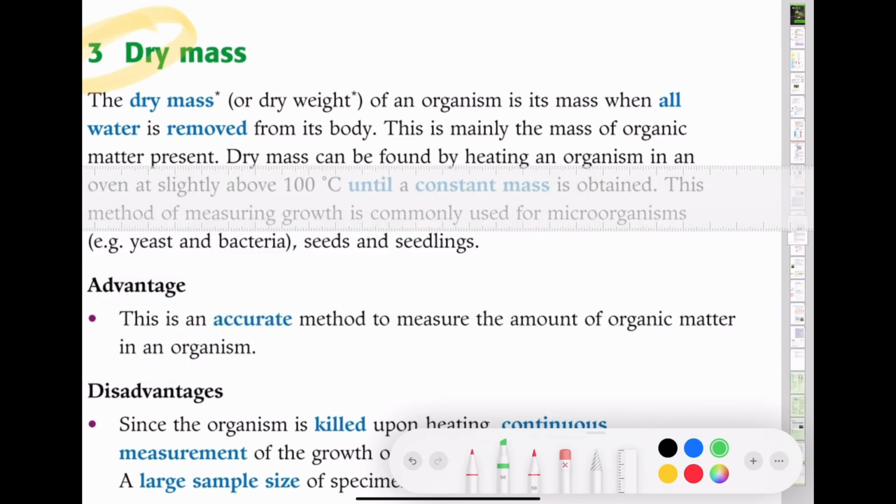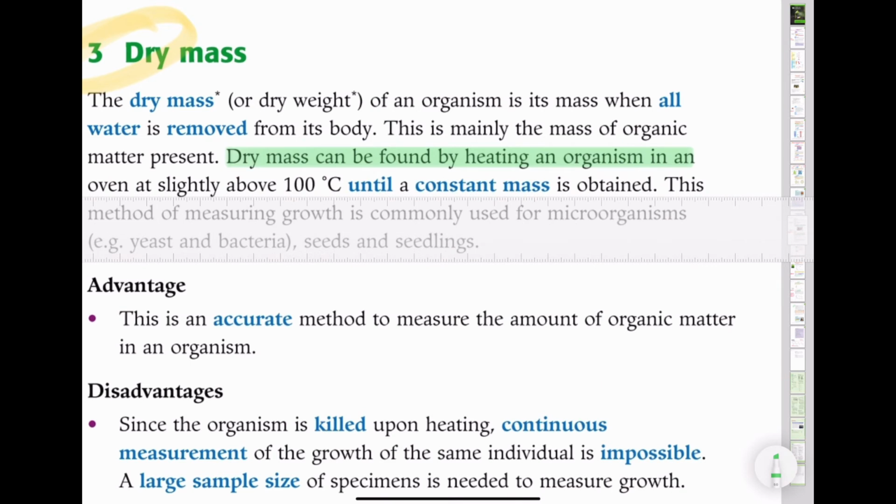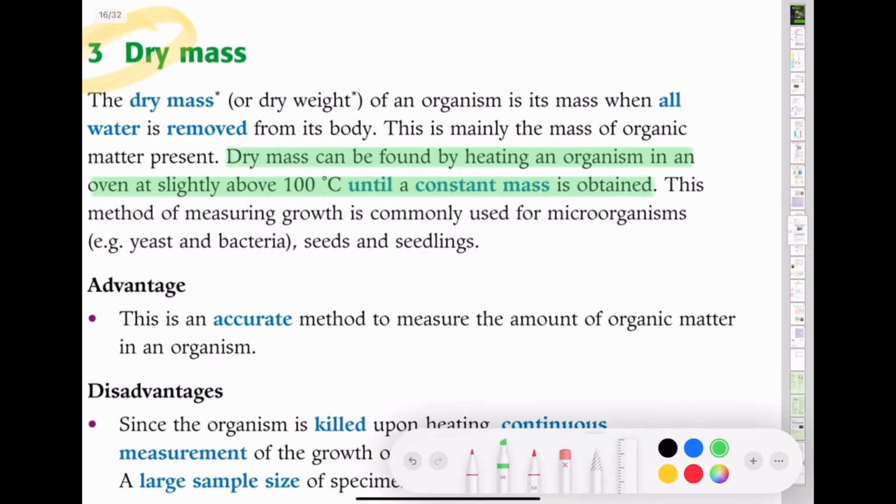The dry mass can be found by heating an organism in an oven at slightly above 100 degrees Celsius until a constant mass is obtained. Maybe some books talk about slightly above 100 degrees Celsius, and some talk about 105 degrees Celsius. It doesn't matter, both of them are correct.